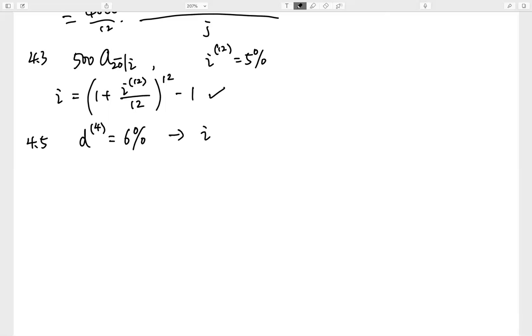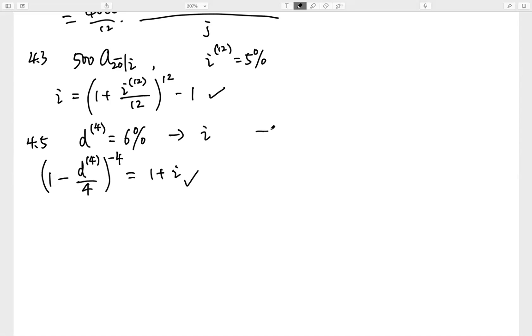So of course there are formulas you can apply, right? So 1 minus d upper 4 divided by 4 is the discount factor for 1 quarter. And we raise to the power of -4, meaning we will get the accumulating factor for 1 year. So that's exactly 1 plus i. So from there, you can easily solve.